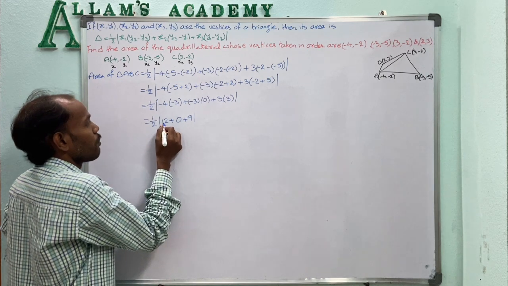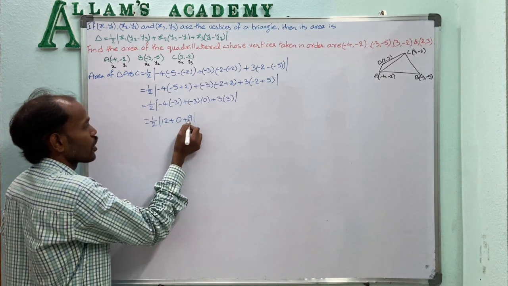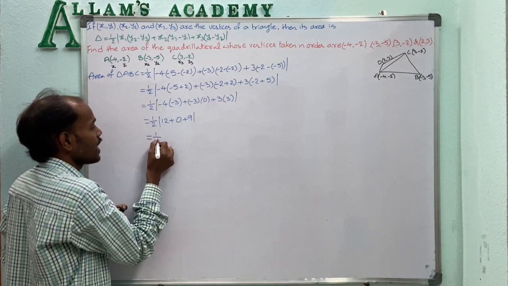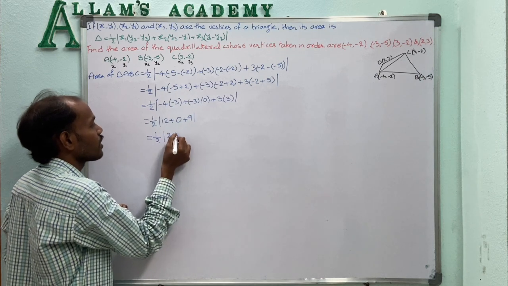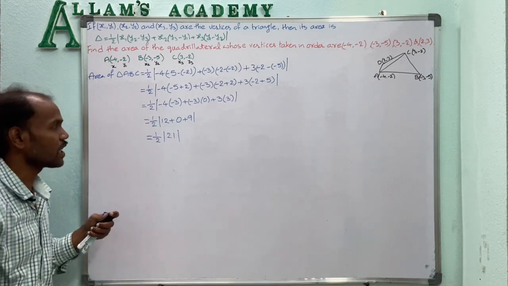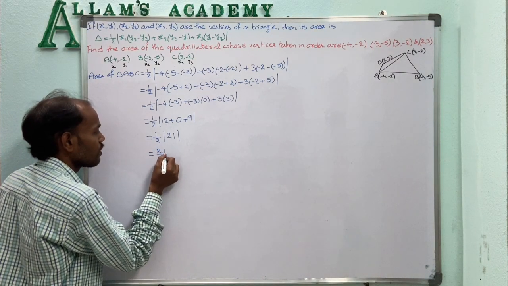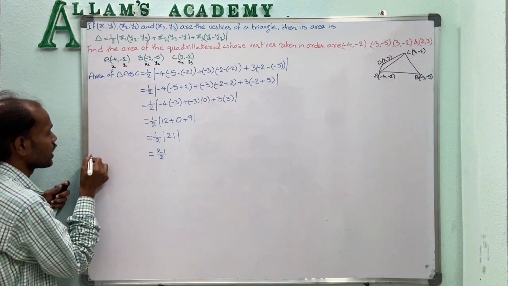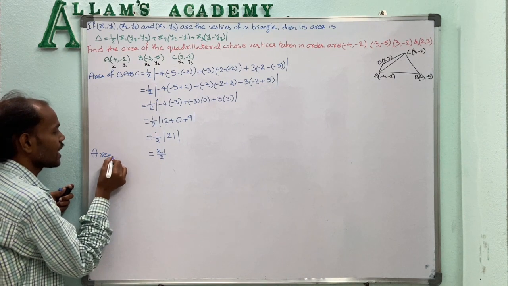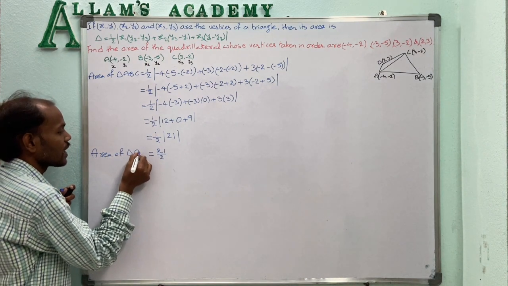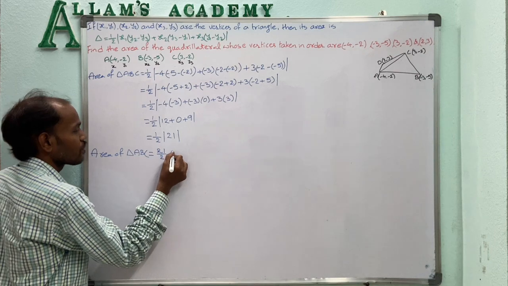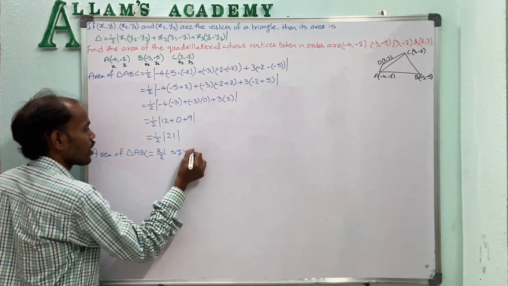So mod of 12 plus 0 plus 9, 12 plus 9 is 21. Mod 21 is nothing but 21. So 21 into 1 by 2 is 21 by 2. The area of triangle ABC is 21 by 2 square units.